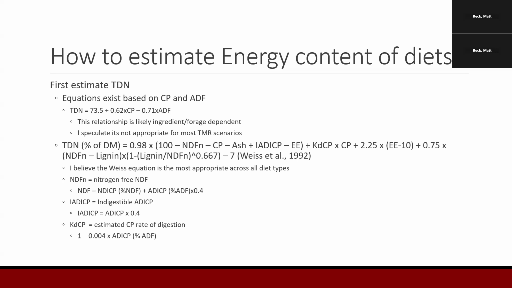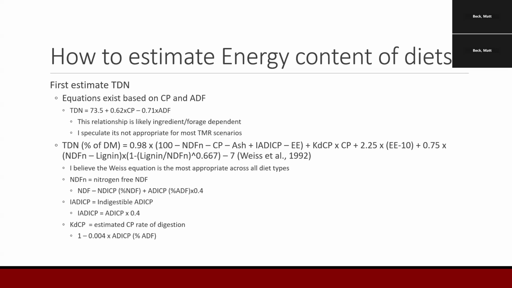So that minus 10 is trying to account for any plant waxes that end up in ether extract, plus 0.75 times nitrogen-free NDF minus lignin times this. In essence, it's trying to estimate a digestibility coefficient for neutral detergent fiber, and then minus 7.